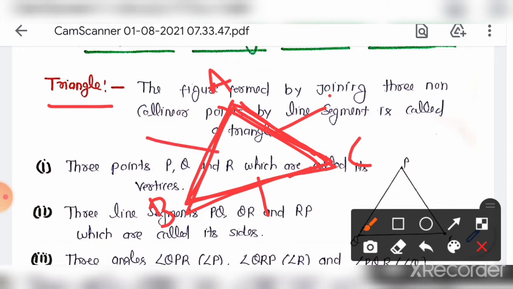So AB, BC and CA are three line segments joining three non-collinear points. When three non-collinear points are joined together, they form a triangle.